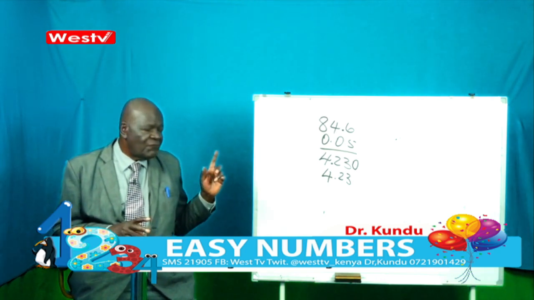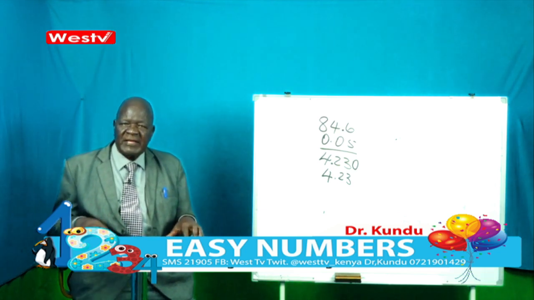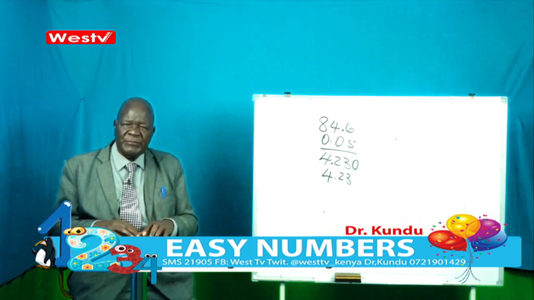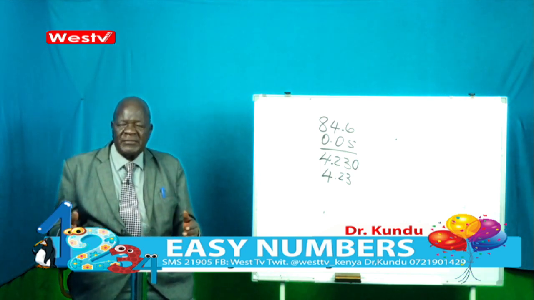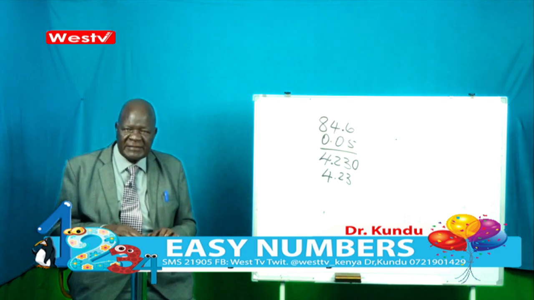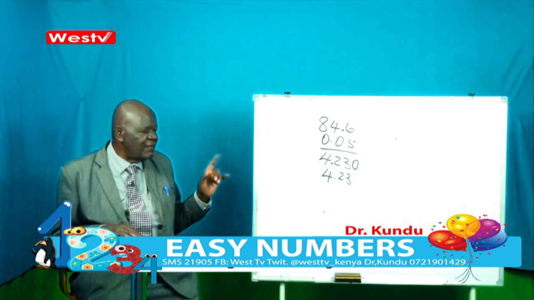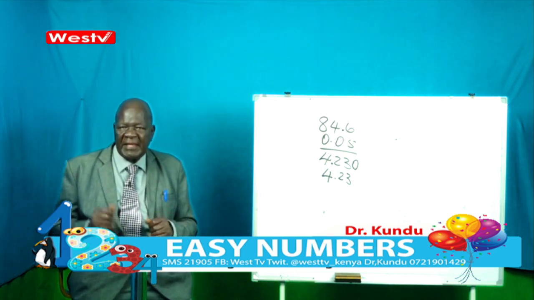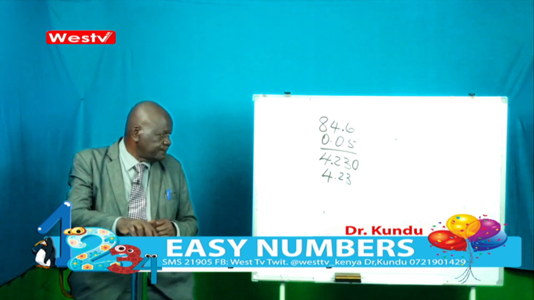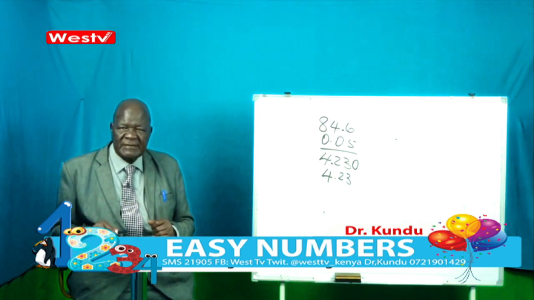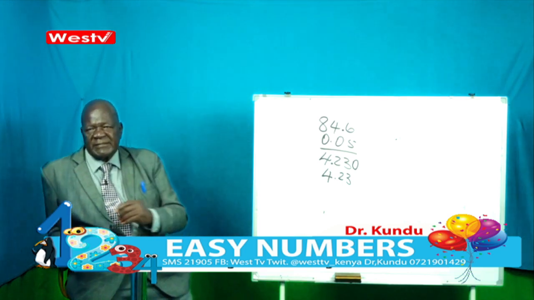So with 5, whether it is in decimal form, ignore the decimals, assume you are dealing with a whole number, then work as normal, then after that return the decimals. Decimals should never ever bother you in multiplication. So set aside the decimals, deal with the plain numbers, and return the decimals.